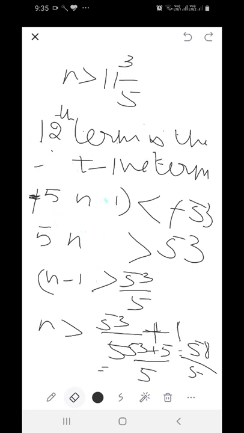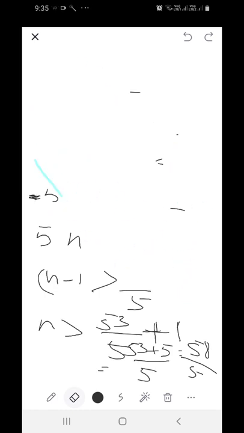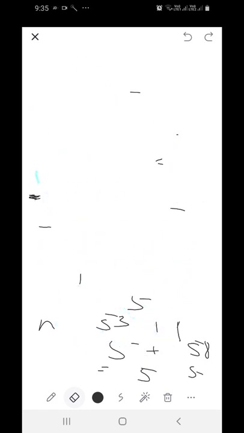Now I am taking up the 11th question. 11th question says, find the 20th term of the AP whose 7th term is 24 less than the 11th term.